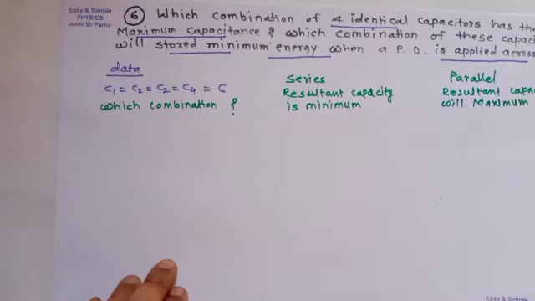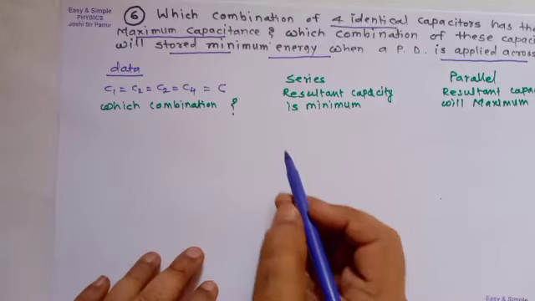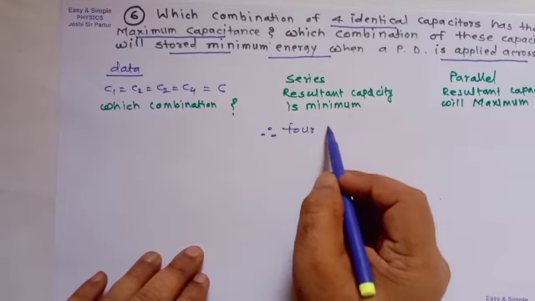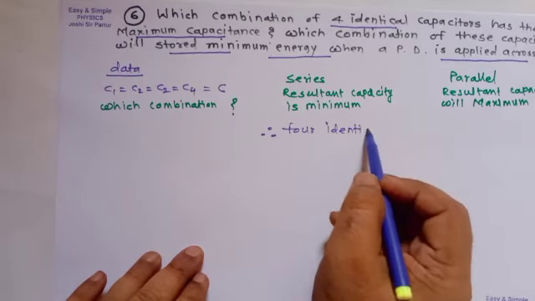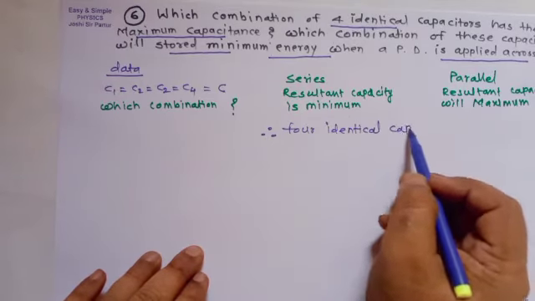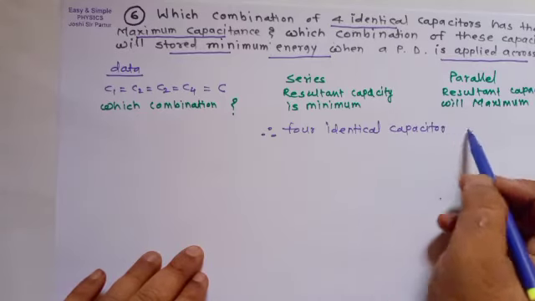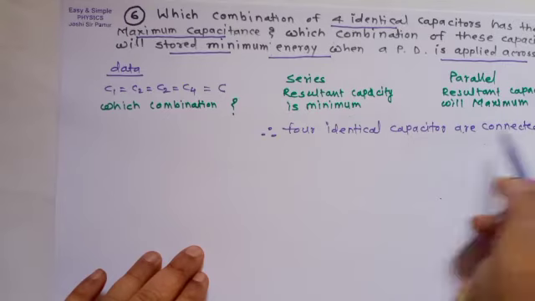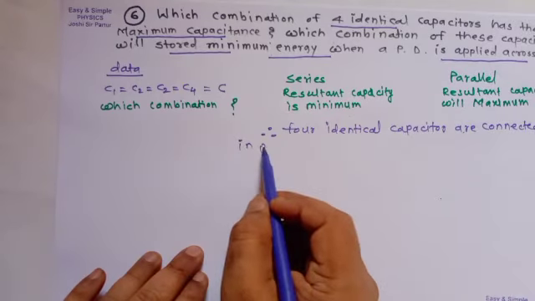Means for maximum capacitance, therefore, 4 identical capacitors are connected in parallel.